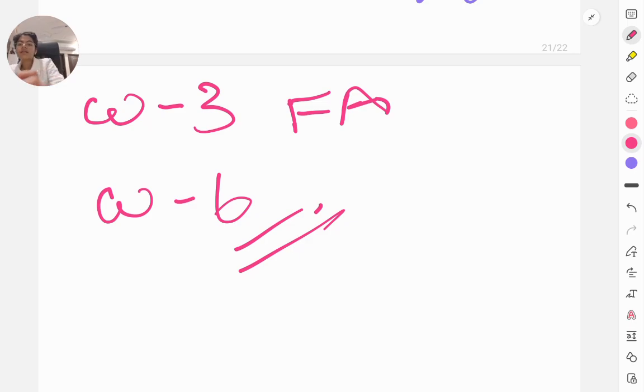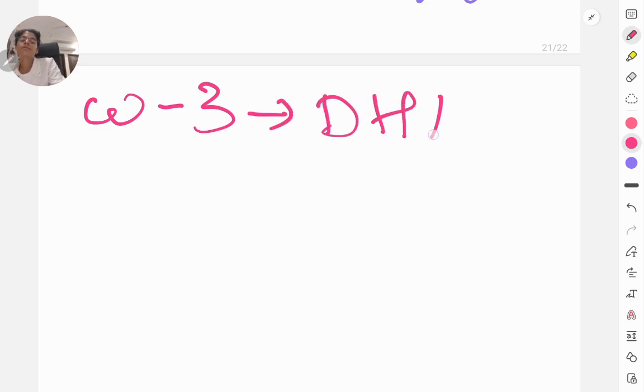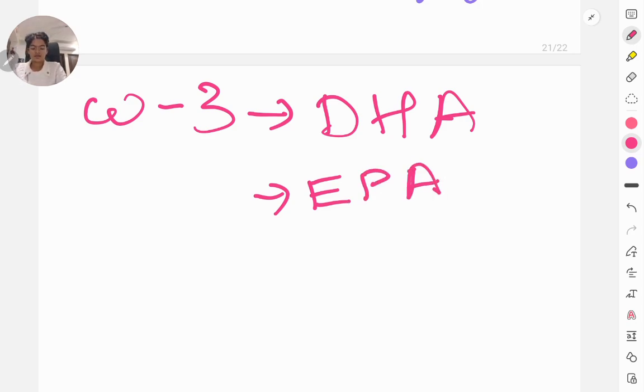Okay, now what are the examples of omega 3 fatty acid? It is like DHA, docosahexanoic acid, or EPA, eicosapentanoic acid, or also linolenic acid.